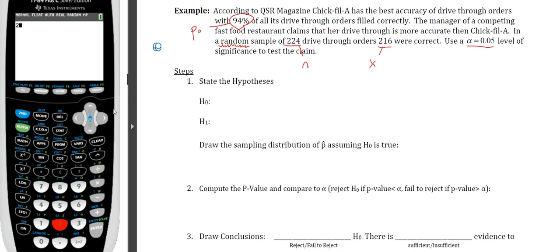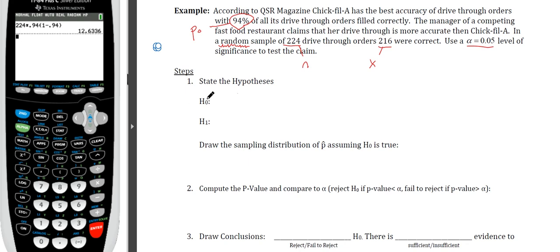And if we check n times p times 1 minus p, making sure we do 224 as n times p, which is 0.94, not 216 out of 224, times 1 minus 0.94, what we get is 12.6336. That is slightly, but it is greater than 10. That's all we need. Doesn't need to be egregiously higher, just enough. So it is normal. We can work with all this.